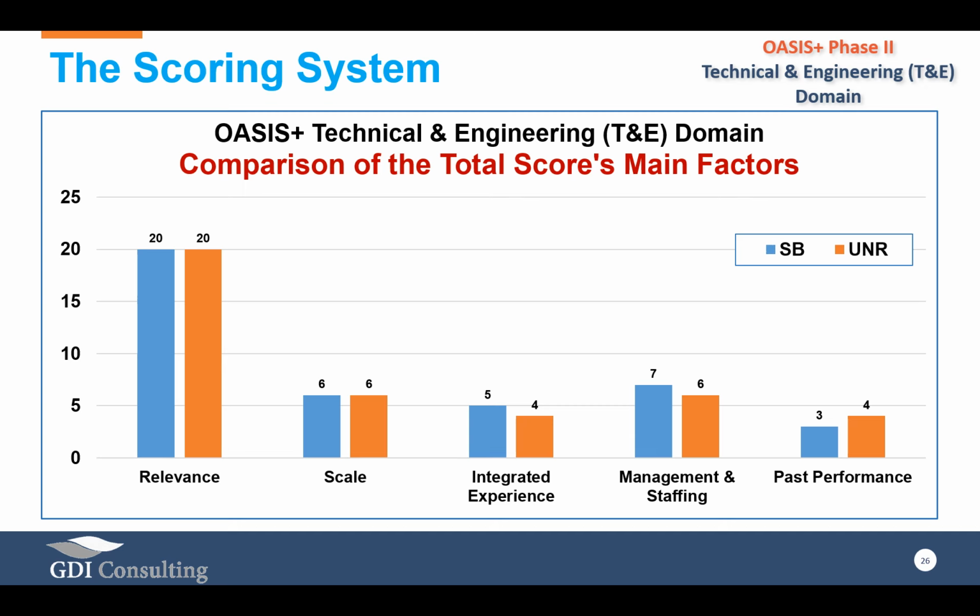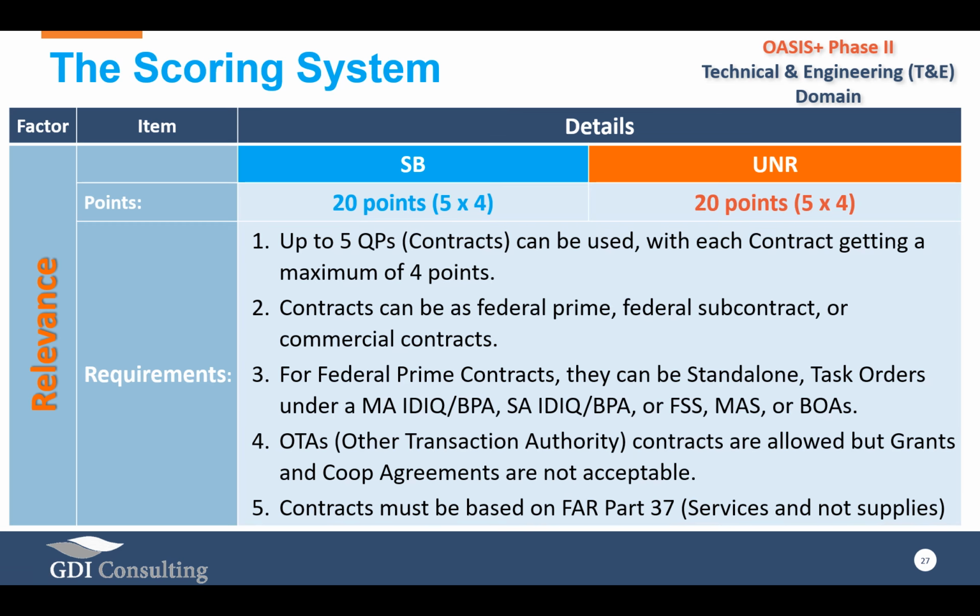I forgot to mention this earlier. So let's now go into each of these and see, for example, how the 20 points under relevance are made up. So we start with relevance. You can have up to 5 QPs or contracts, as I said. Each of them will get 4 points under relevance for a maximum of 20 points.